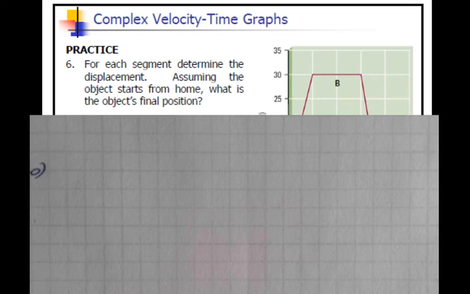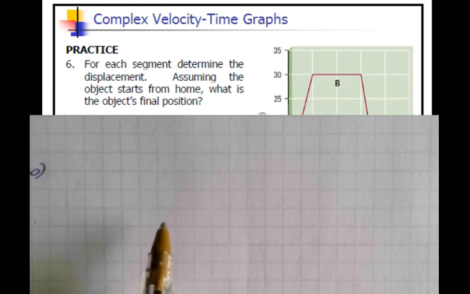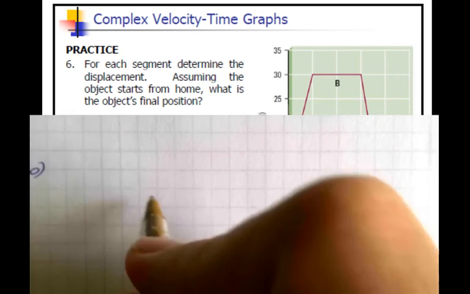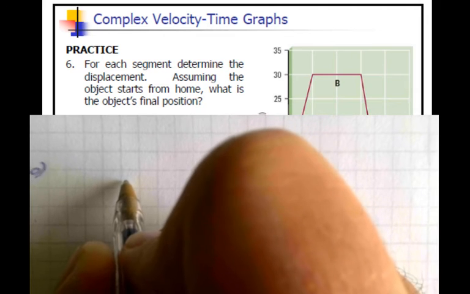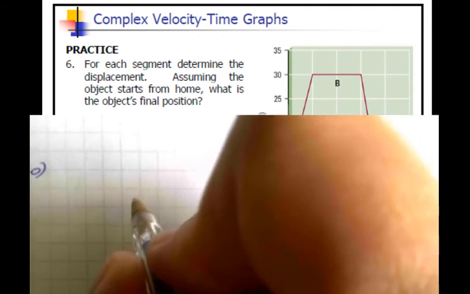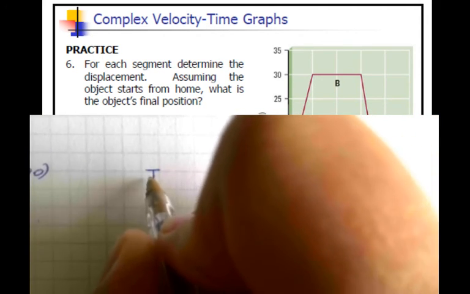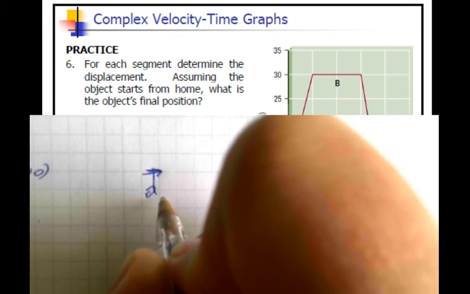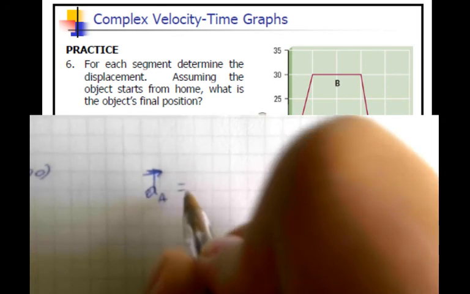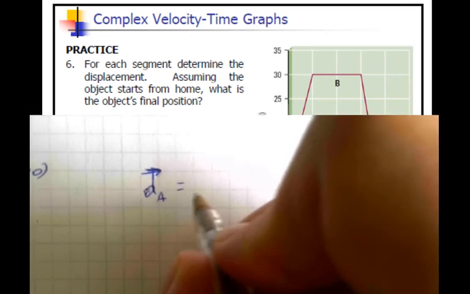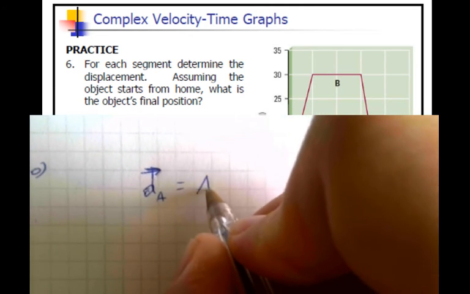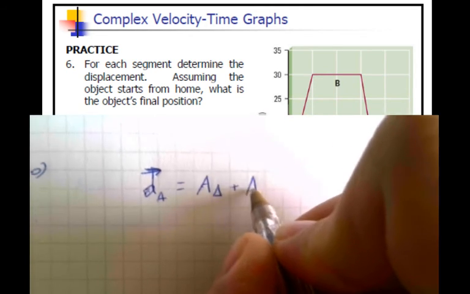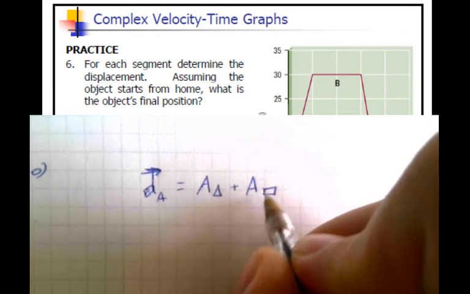So we have our area under A. Let's call this displacement A, which is equal to the area of a triangle plus the area of a rectangle.